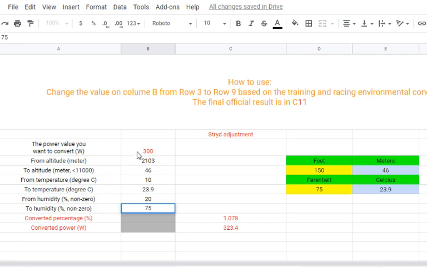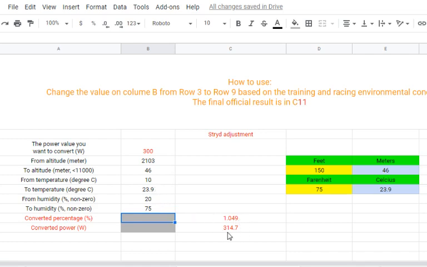So let's say their CP was 300 up at Flagstaff, and down at sea level now, as I hit the enter button, no doubt they're gaining some positive effect on power because of the lower altitude, but they're losing some of that back because of the conditions being warmer and more humid.